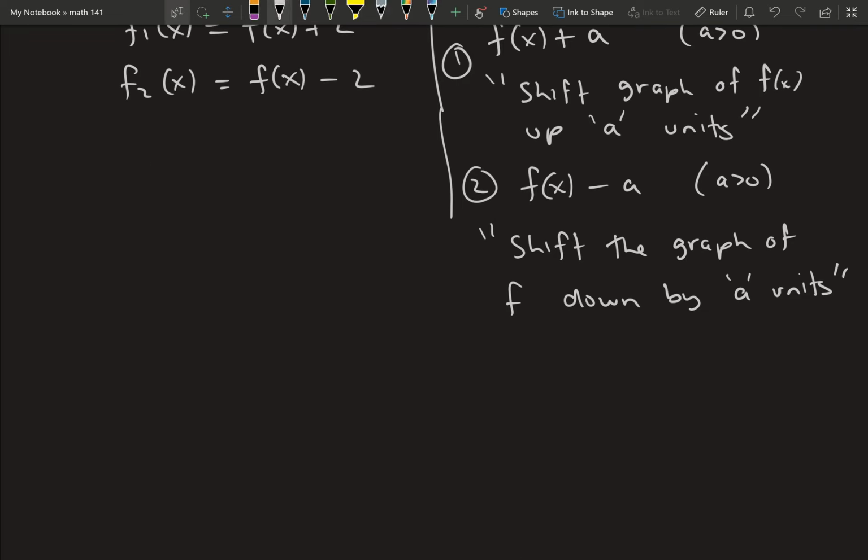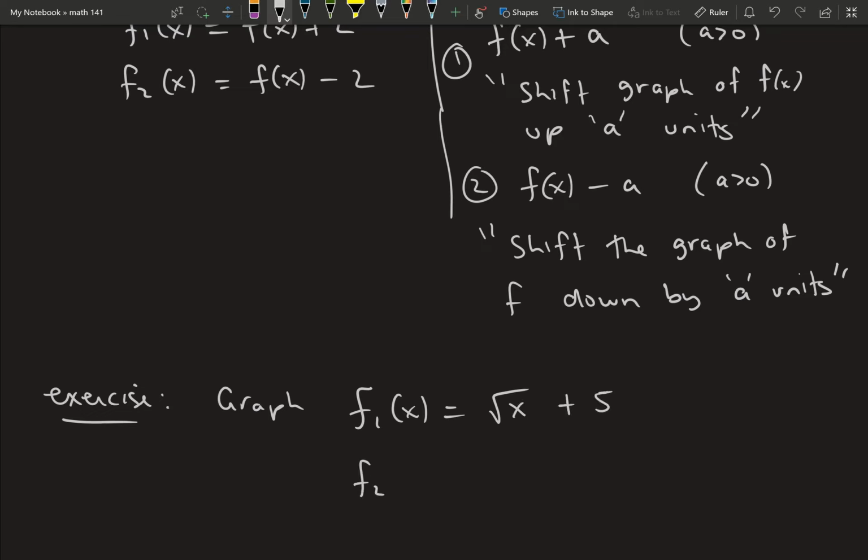So just as a little exercise here, graph f1 and f2. Let's say f1 of x is the square root of x plus 5, and f2 of x is the square root of x minus 5.